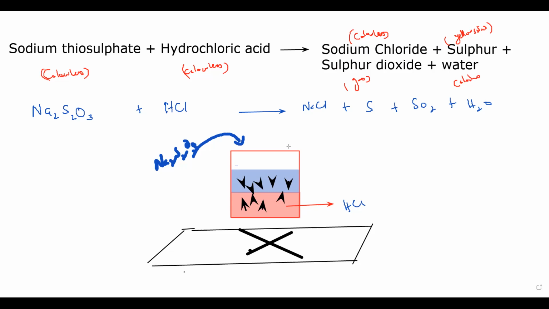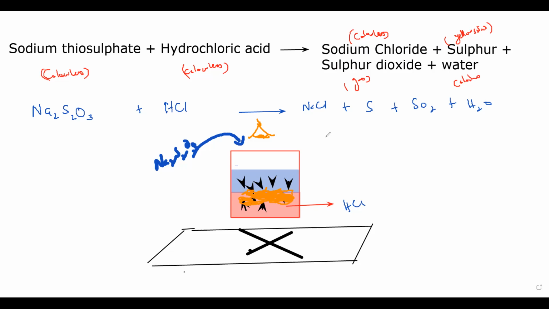But when sulfur forms, if we are looking from the top, because sulfur is a solid, it does not allow the light to pass through. So it appears that the cross has disappeared. And at what time will we start the timer or stopwatch?